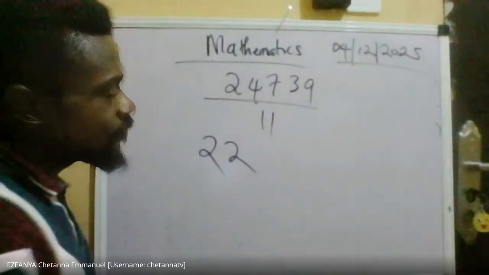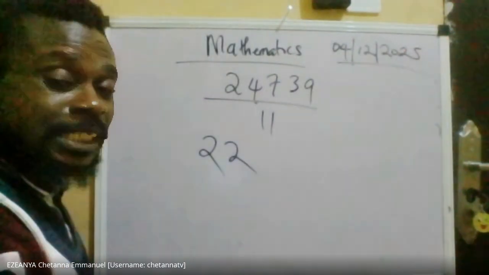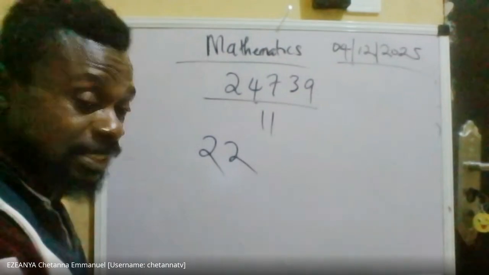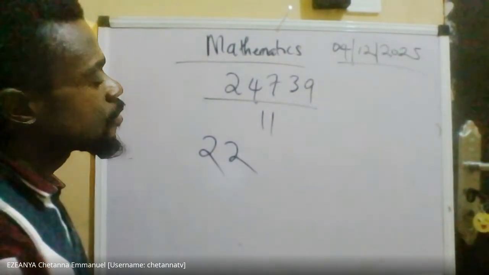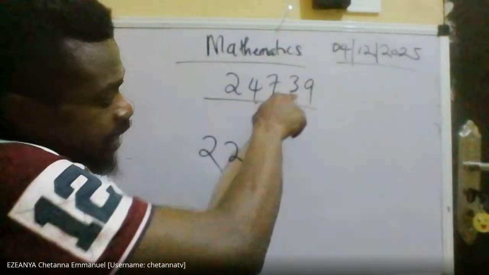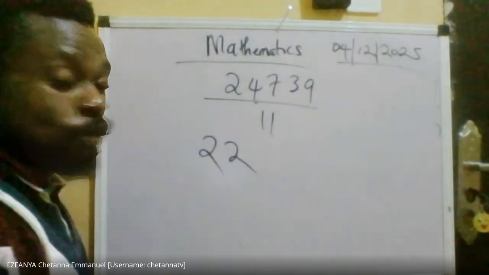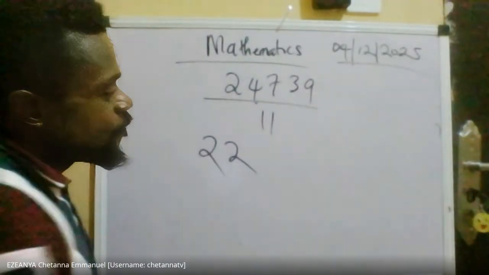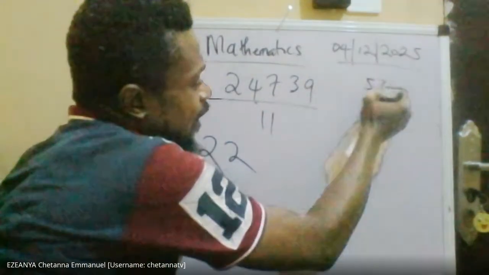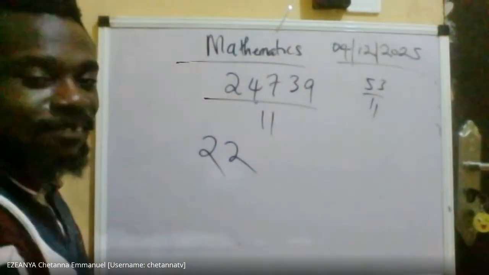So 2 remainder 5. You write 2. Carry that 5. Multiply it by the base you are working on, which is base 10. 5 times 10 is 50. You add it to this 3. 50 plus 3 is 53. You keep dividing. 53 divided by 11. How many 11s can we find inside 53?